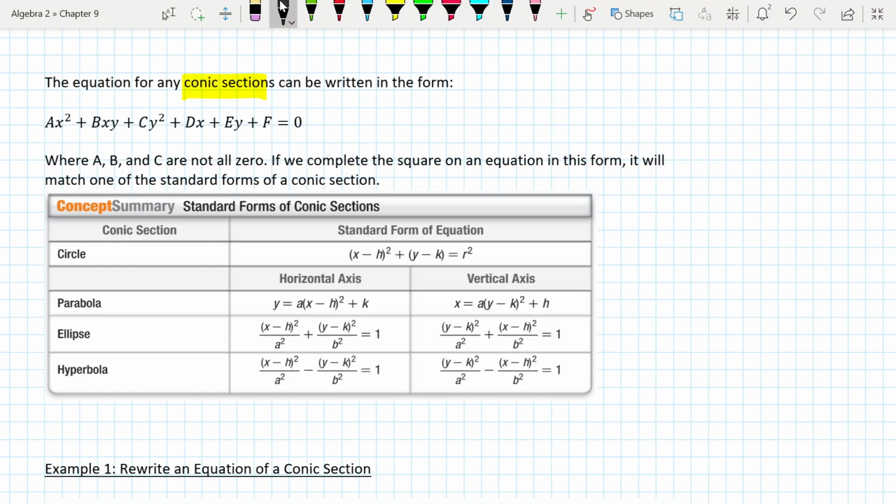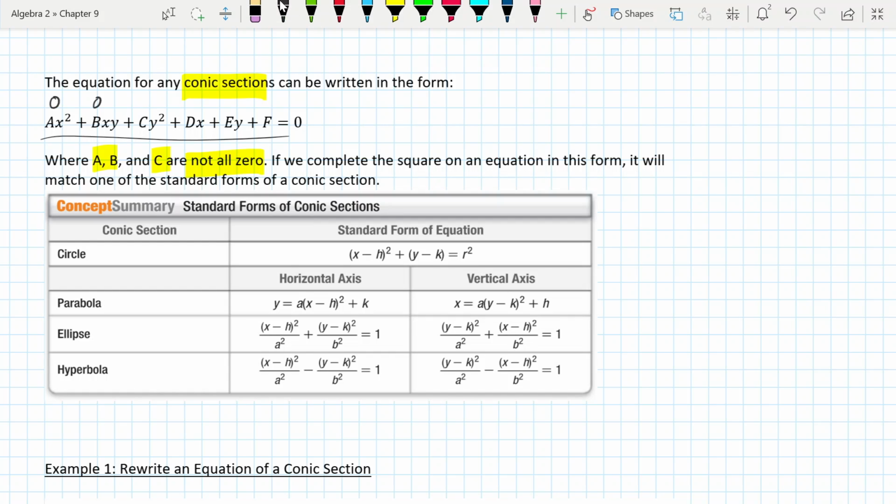Ax squared plus Bxy plus Cy squared plus Dx plus Ey plus F equals 0. So if you have any equation written out in this format, you particularly have to watch for A, B, and C. They're not all 0 at the same time, because if A, B, and C are 0 at the same time, the only thing that's left over is linear.